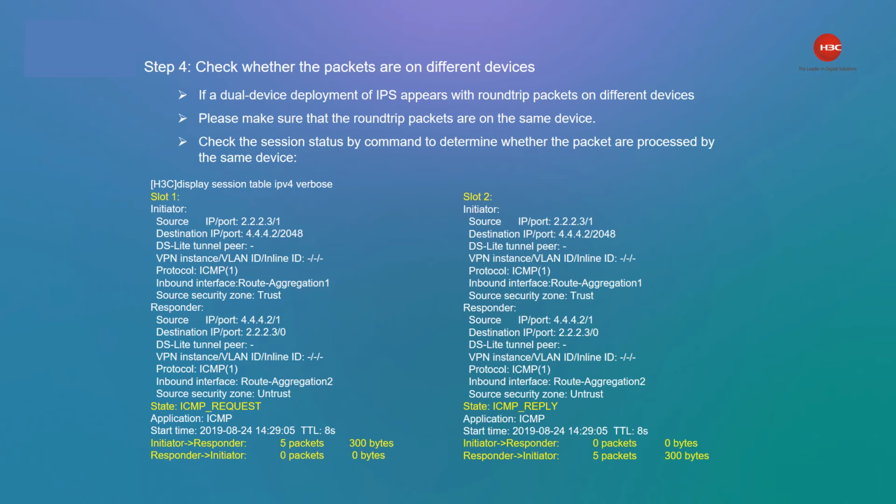If the packets are processed on different devices, the initiator-responder and the responder-initiator counts exist on both devices in the stack. In this case, you need to modify the network to be redundant, active and standby so that the packets can be processed on the same device.